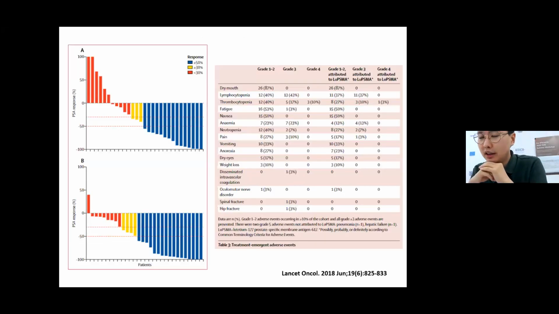As you can see, it has shown quite good efficacy for control of the PSA level, and also minimal toxicity. The most frequent toxicity reported was dry mouth, which was not grade 3 or grade 4. Mostly only mild grade 1 and 2 were reported.